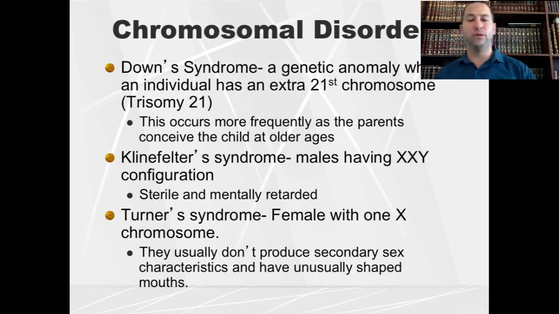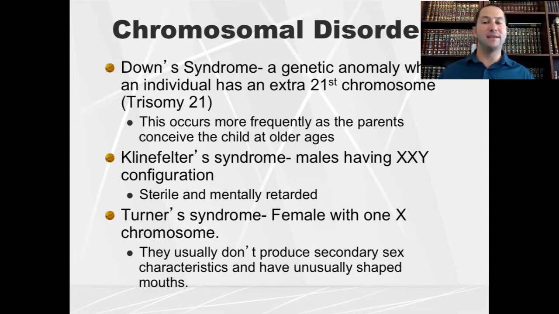Other trisomies on a sex chromosome is XYY. That's also a male. And we once thought that XYY was associated with aggression, and it proved out to be incorrect. These individuals do have greater athleticism and so forth, but cognitively there are some limitations.